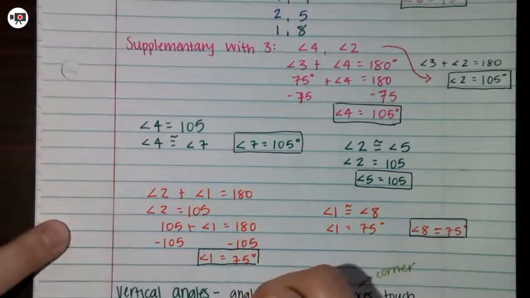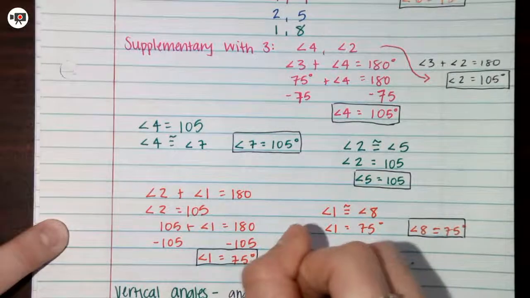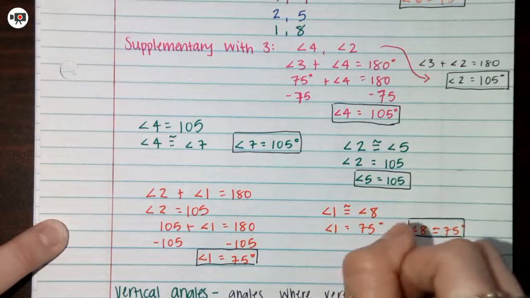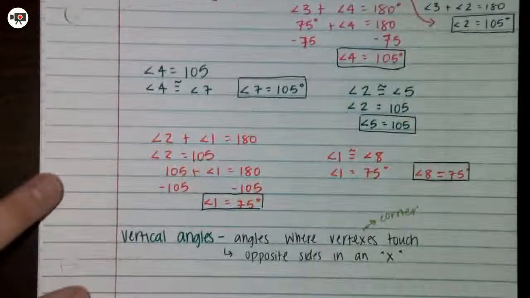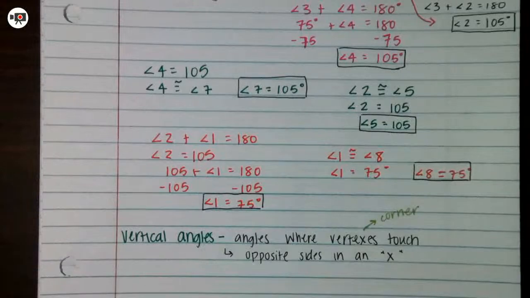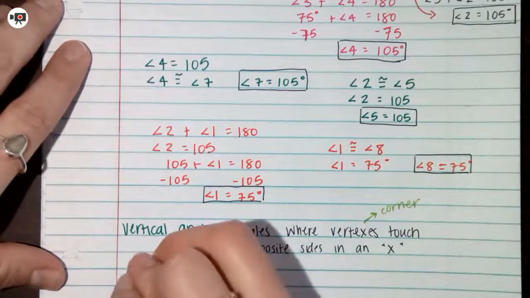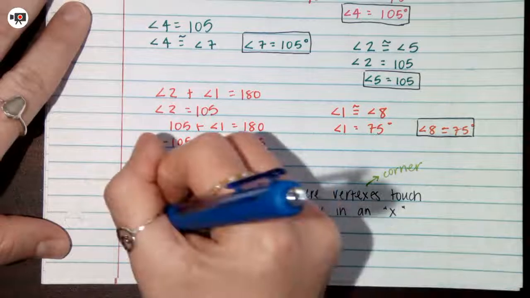They are opposite sides in an X. And since angle 6 and angle 8 are vertical angles, and they have the same measure, we know that vertical angles are congruent.